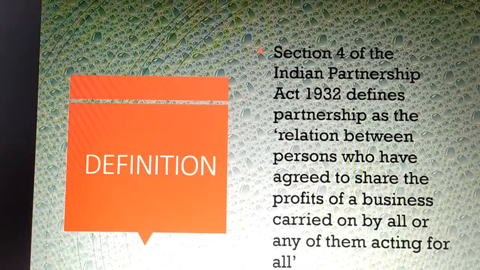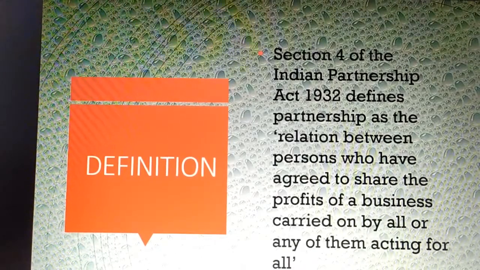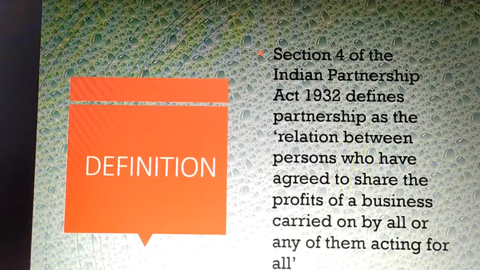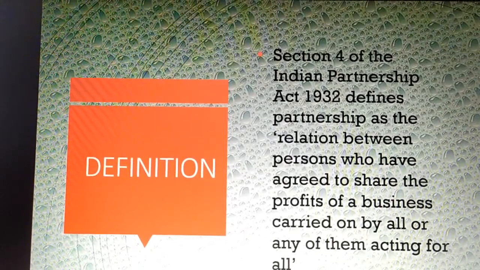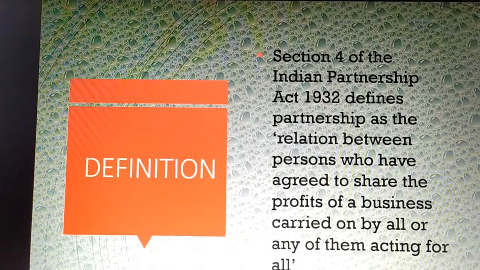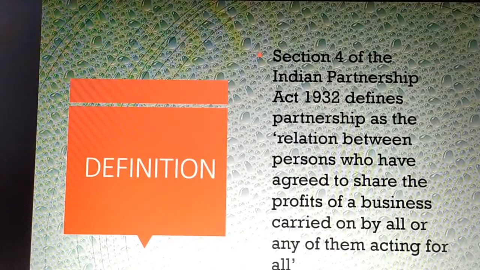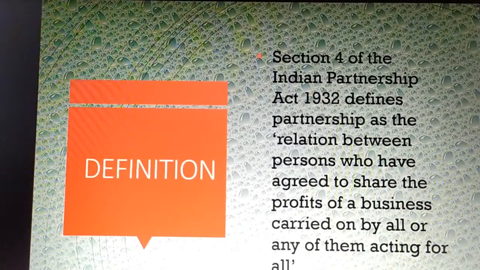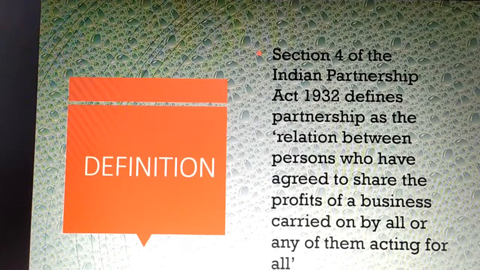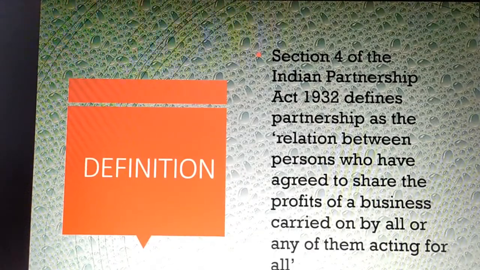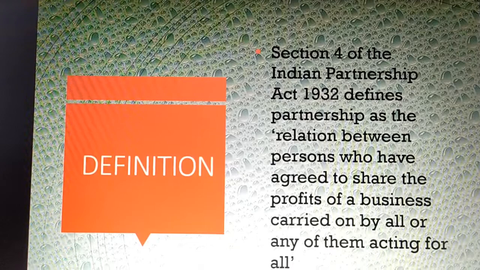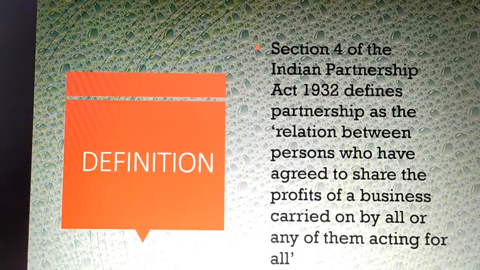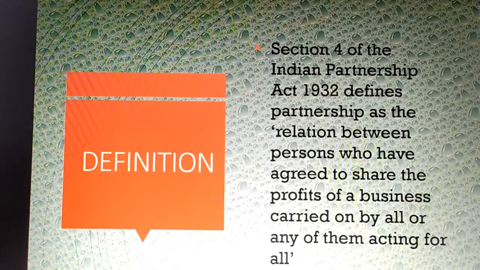Those who have made the relation between them will be called partners, and collectively the agreement that they have entered into is going to form the firm or the partnership firm. So the persons who have entered into an agreement will be the partners, and the business that they have decided to set up by the agreement between them will be termed as the partnership firm.